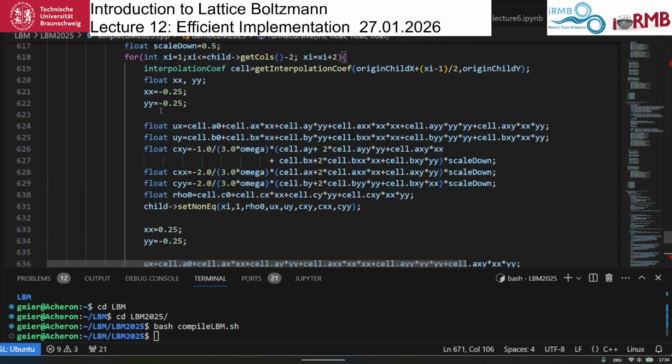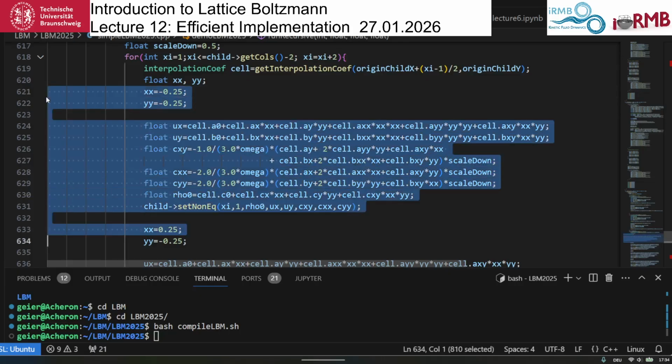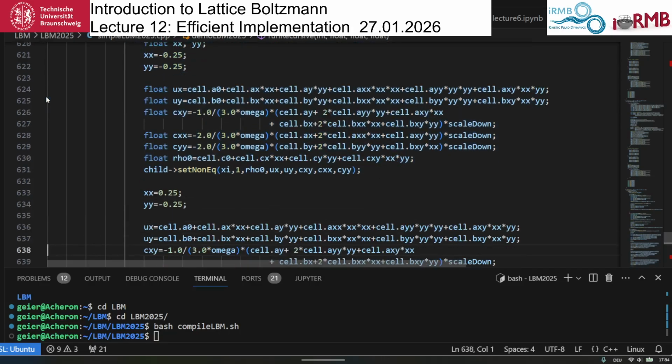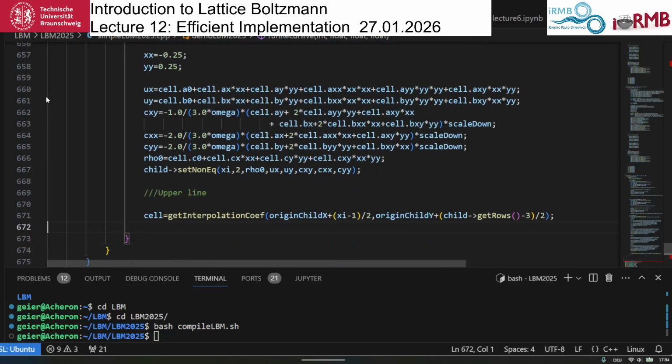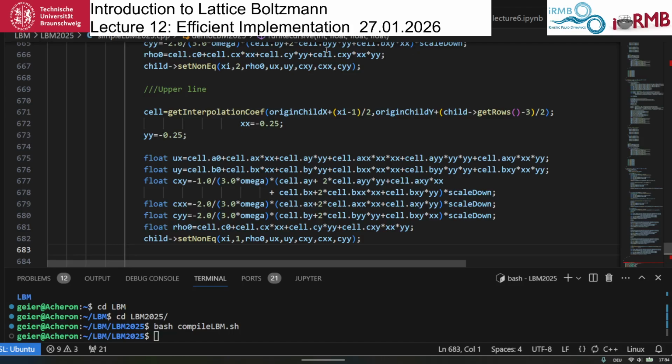So from here on, I'm starting with this, even though this is stupid. I don't want to write all of them again. Now we have to locate it correctly. So xi should still be correct. We'll actually have to go to this position here. Rows, yes.